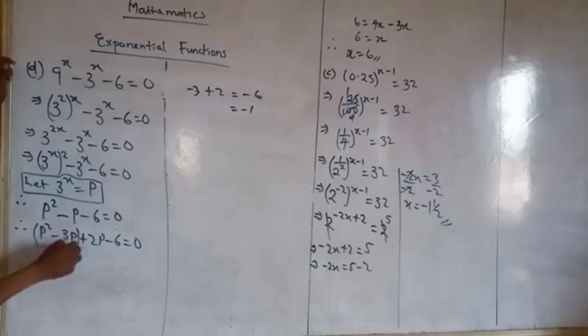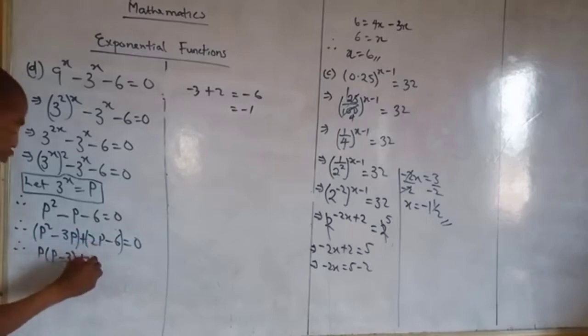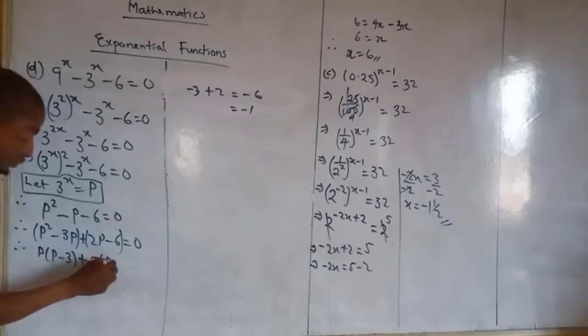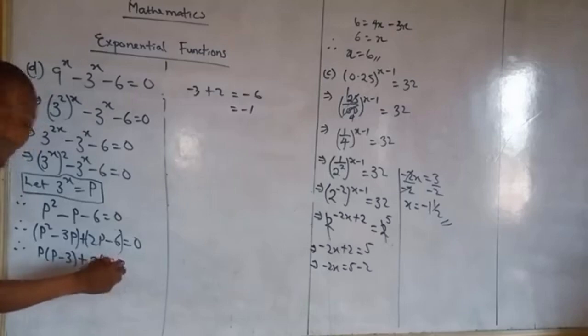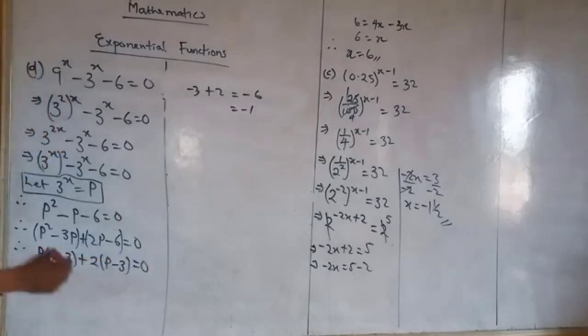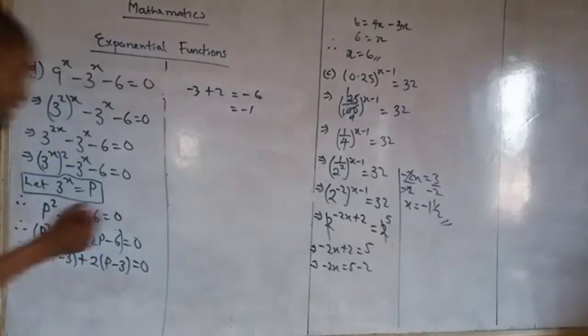So we factorize now. Therefore, we have p into bracket p minus 3 close bracket, plus what is common to this and this? That's 2 open bracket p minus 3 close bracket equals 0.